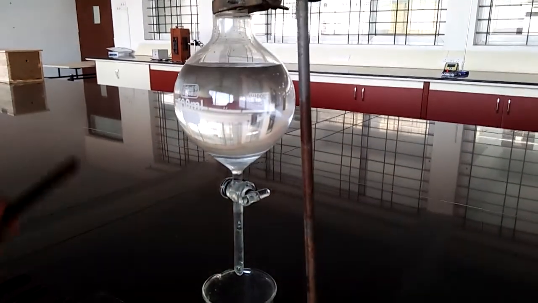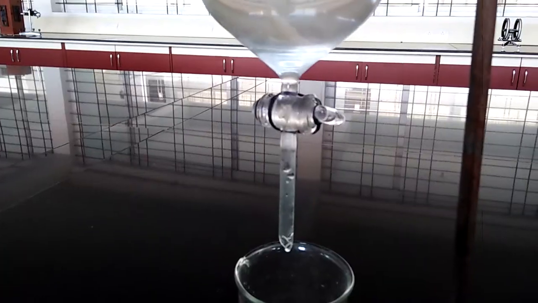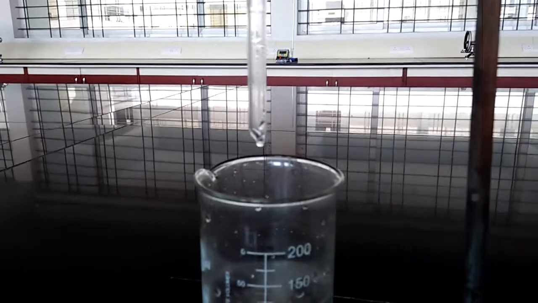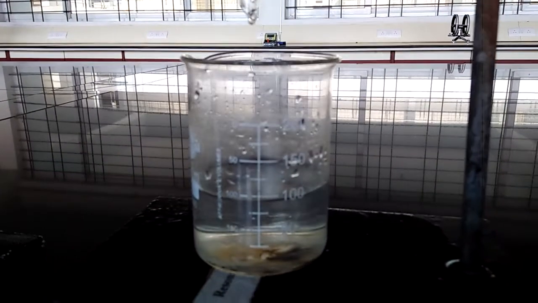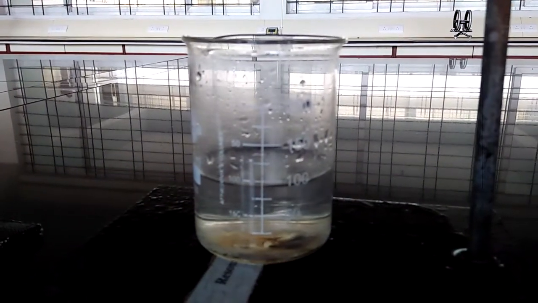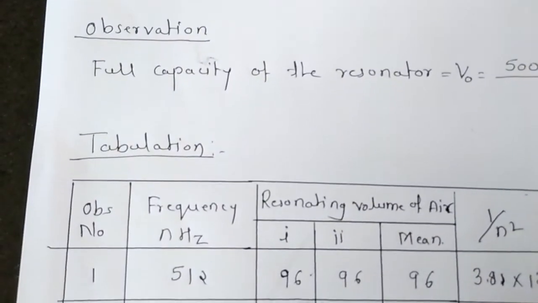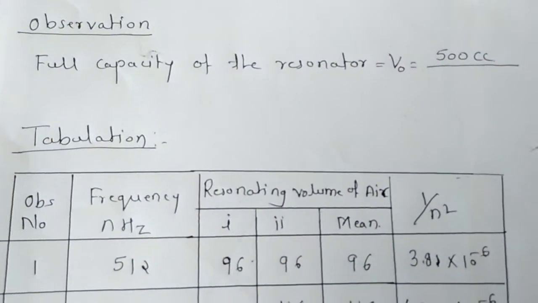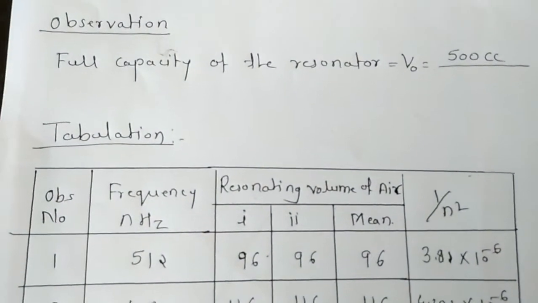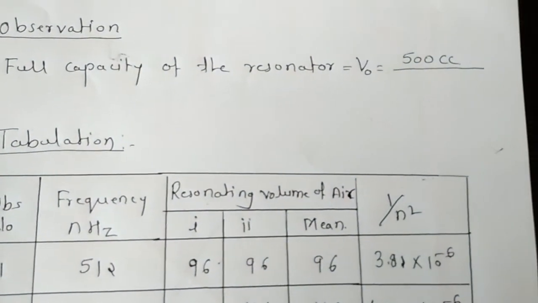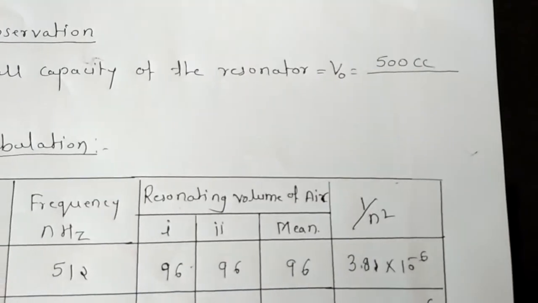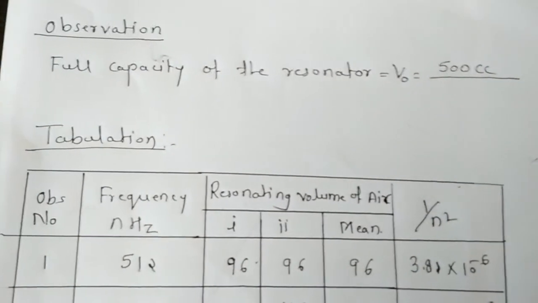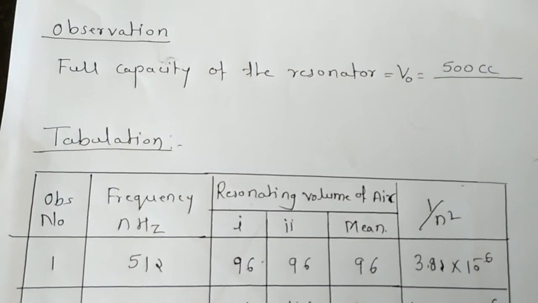and measure the volume of air. And record the readings in the tabular column. Repeat the experiment for the same tuning fork and find the mean of volume.